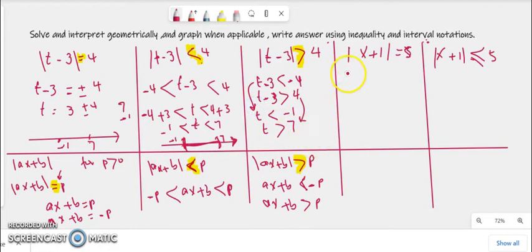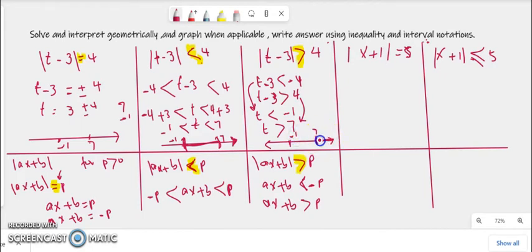So what does this mean here? If we graph this on the line, here it's 7, and that's negative 1.